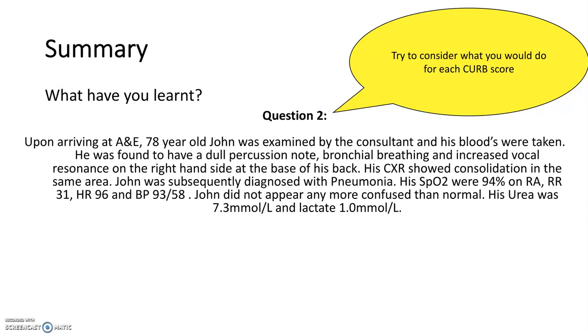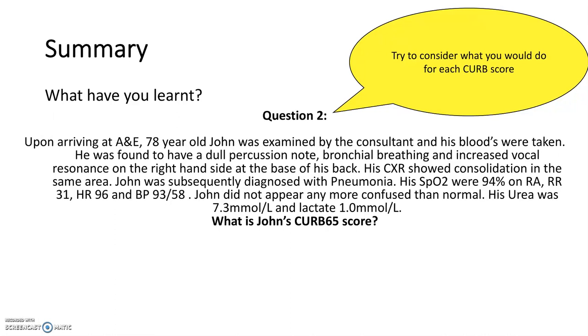So John then goes to A&E and was examined by the consultant. His bloods were taken, and on examination he was found to have a dull percussion note, bronchial breathing, and increased vocal resonance at the right base of his back. On chest x-ray there's consolidation, and he was subsequently diagnosed with pneumonia. His obs were as follows, and on blood tests his urea was 7.3 and his lactate was 1.